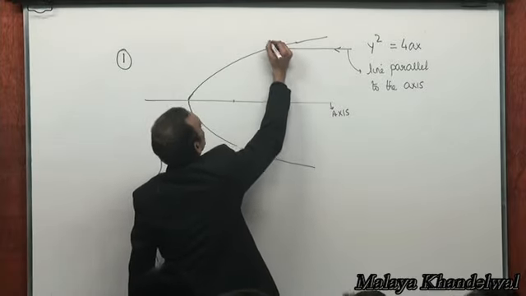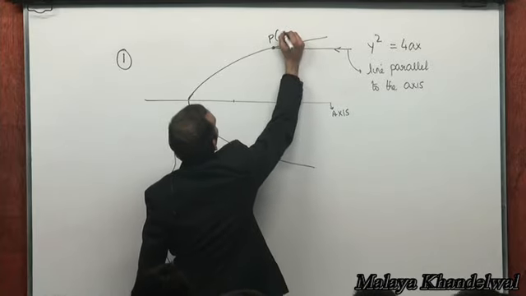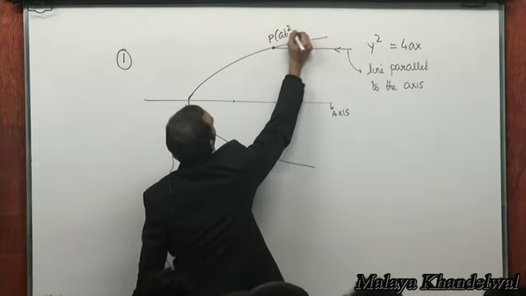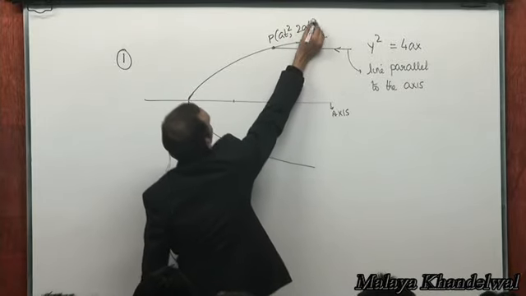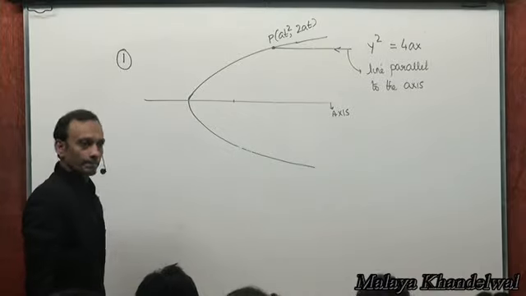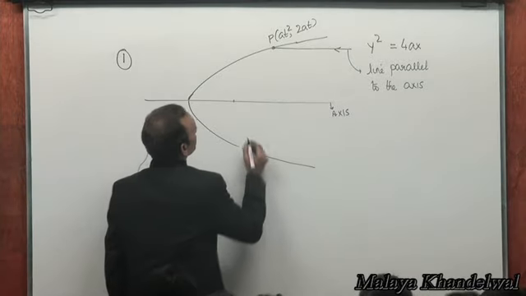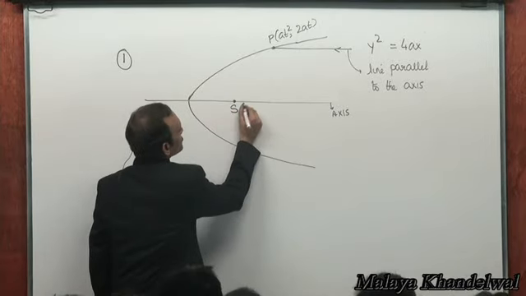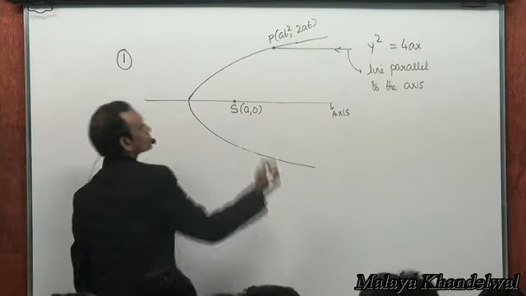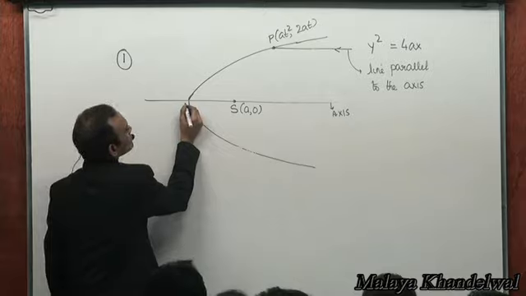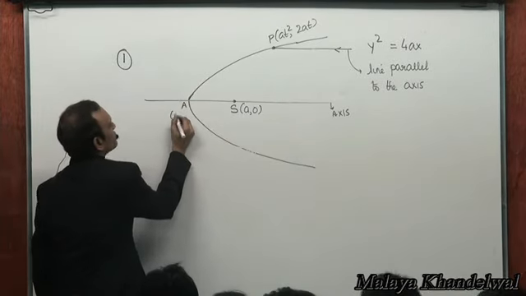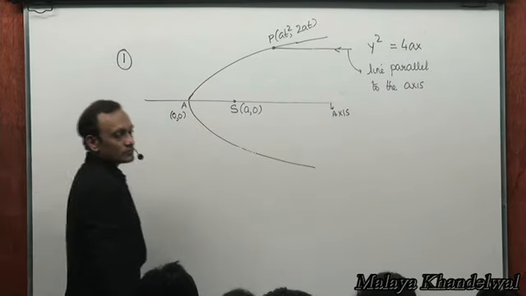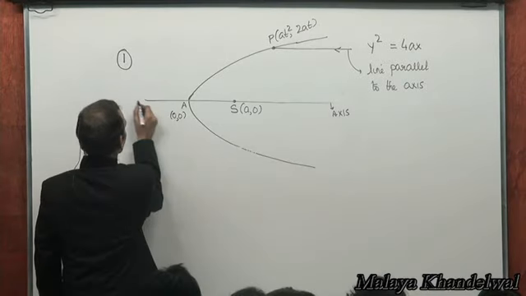Say it intersects the parabola at P, which is (at squared, 2at). Say this is the focus S, which is (a, 0). This is the vertex A, which is (0, 0) in this case, for a standard parabola.